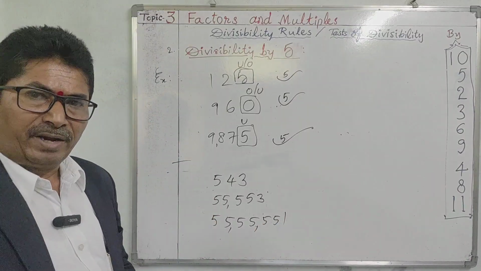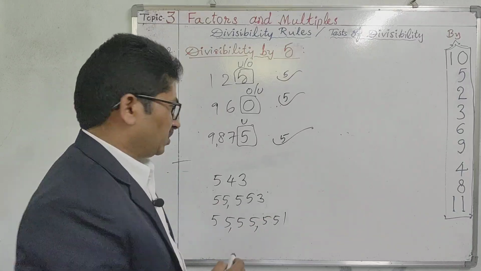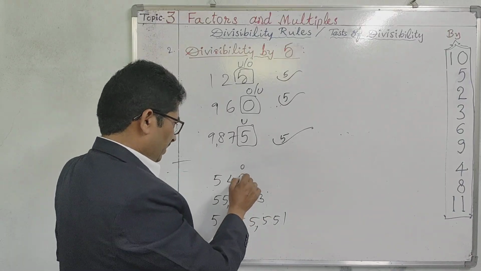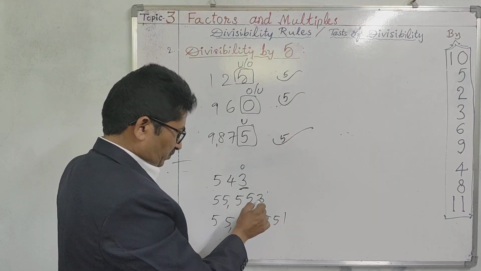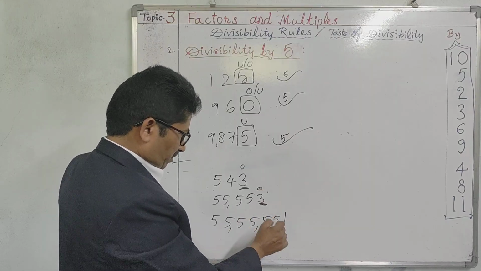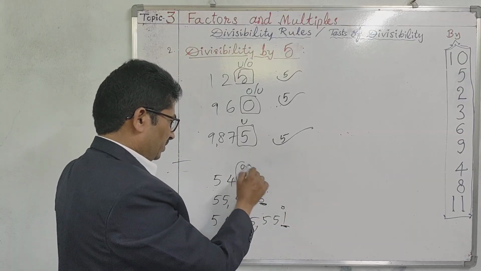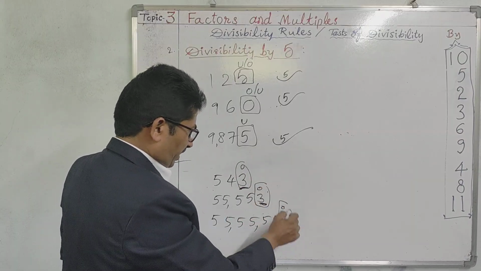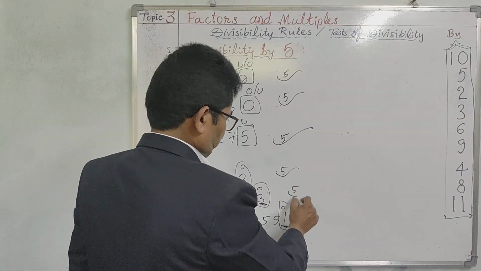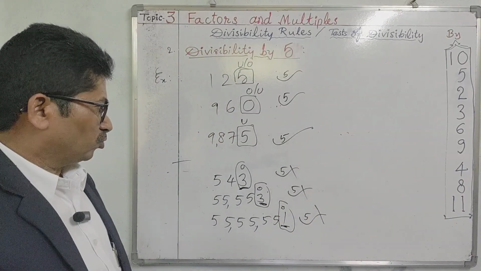Are these divisible by 5? No, these aren't exactly divisible by 5. In ones place here we have 3, here we have 3, here we have 1. That's why these are not exactly divisible by 5.